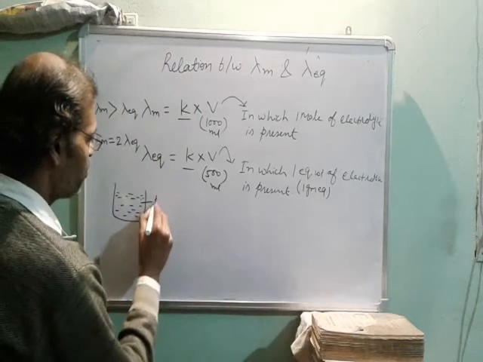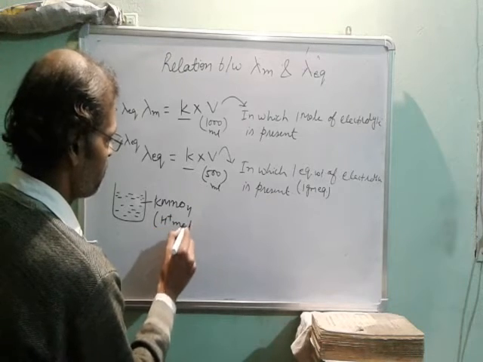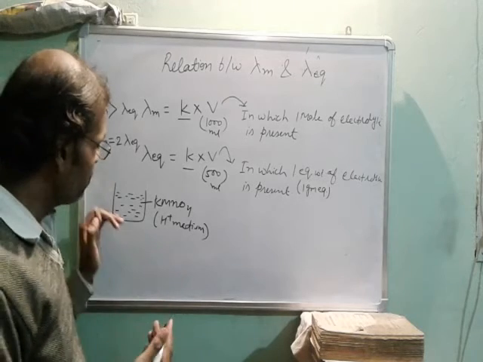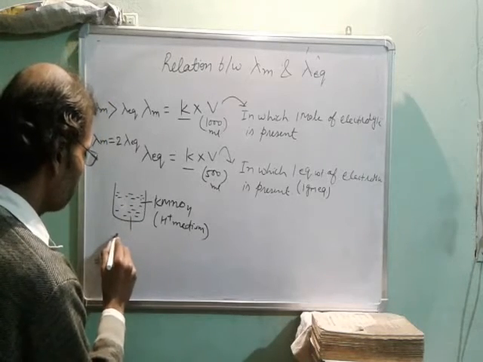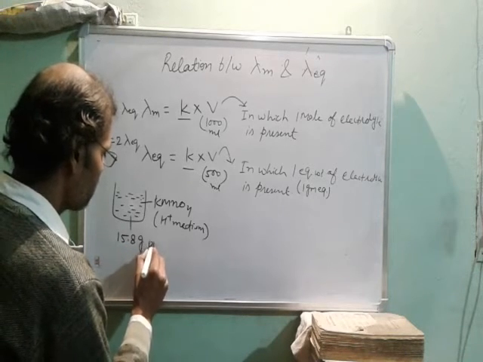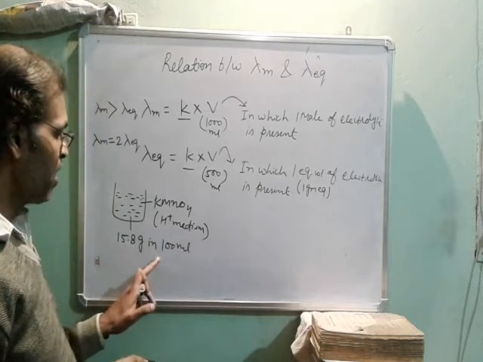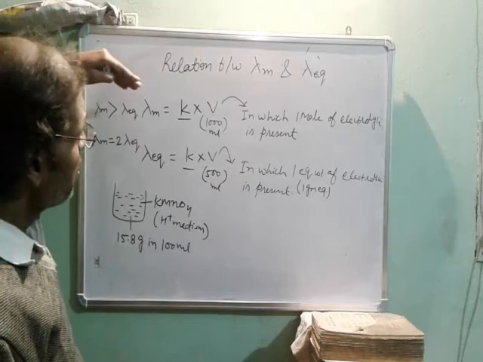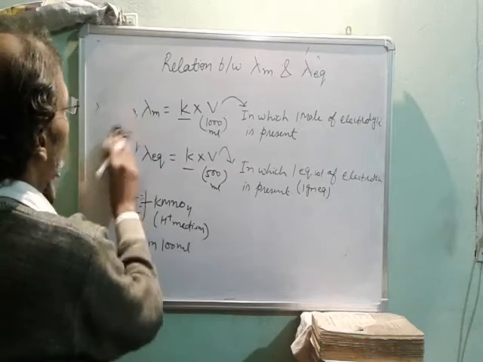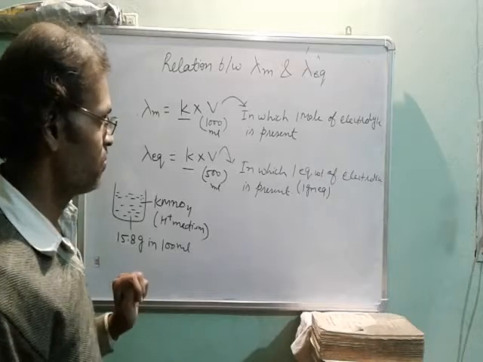For KMnO4, suppose this is KMnO4 in acidic medium. Suppose the amount of KMnO4 dissolved in this solution is 15.8 gram in 100 ml. Now, according to definition, this V is the volume in which 1 mole of electrolyte is present.